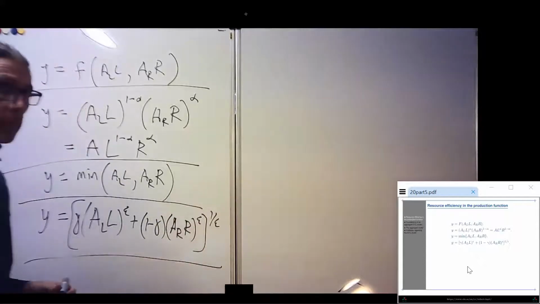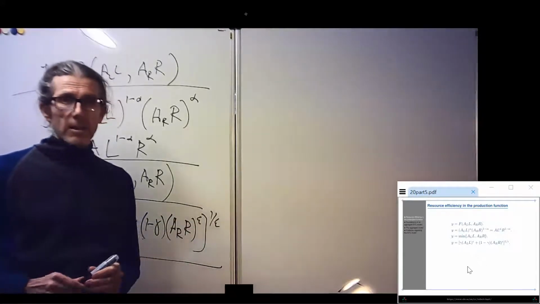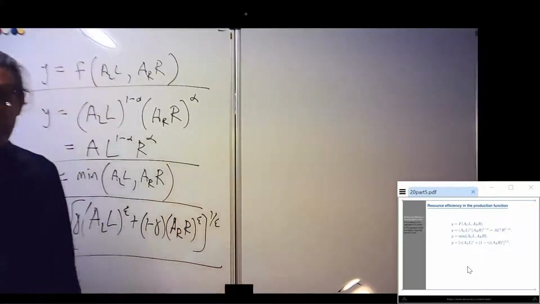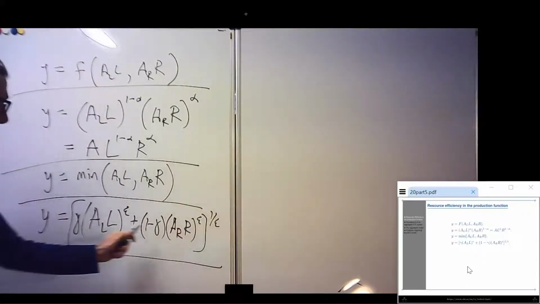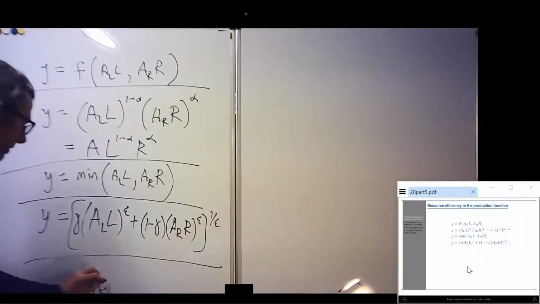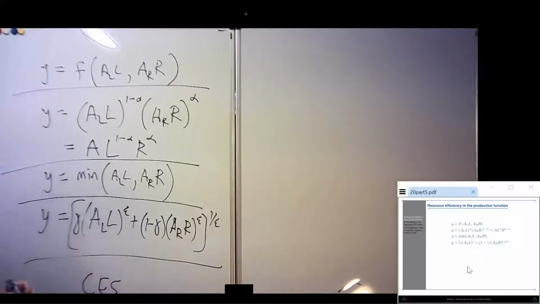So again, you might want to pause your video and think about, what is this production function called? The answer is, it's called the CES, the constant elasticity of substitution production function.